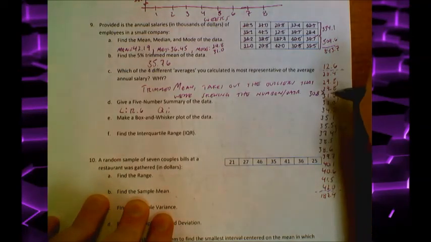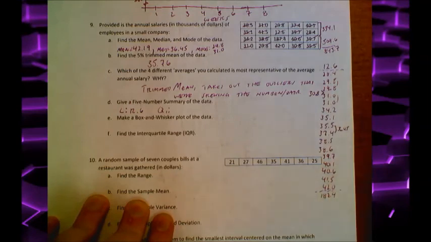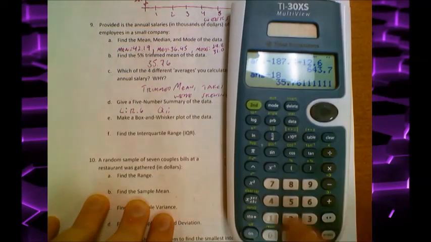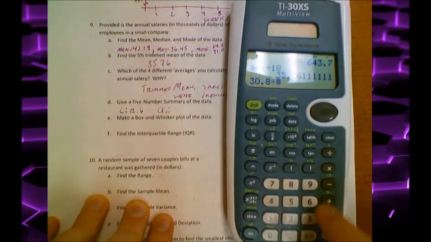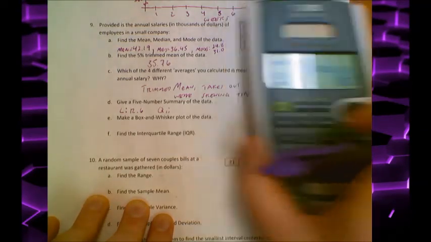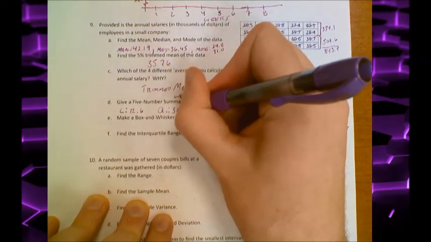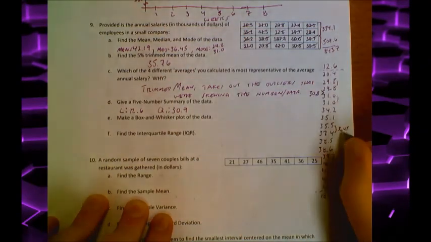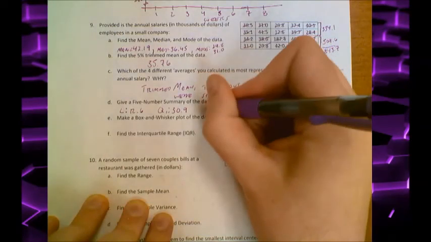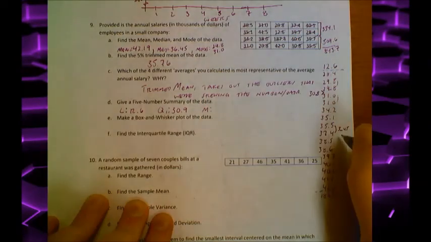So I'm halfway between that 30.8 and 31. So 30.8 plus 31 divided by 2, and I get 30.9. Then my middle point here, my median, is going to be that 36.45.